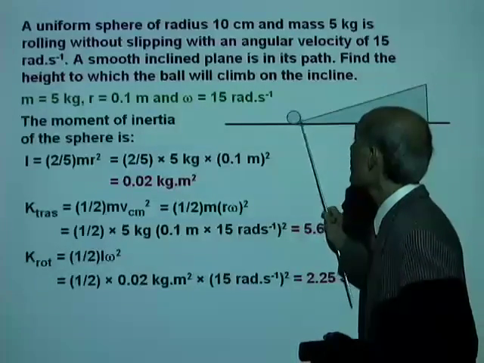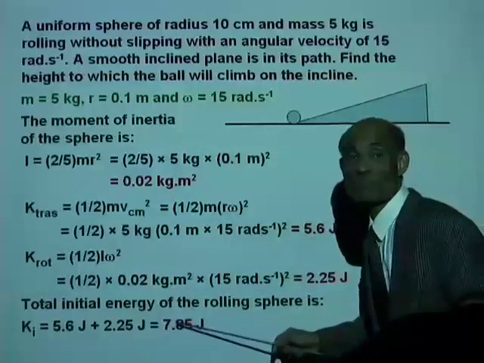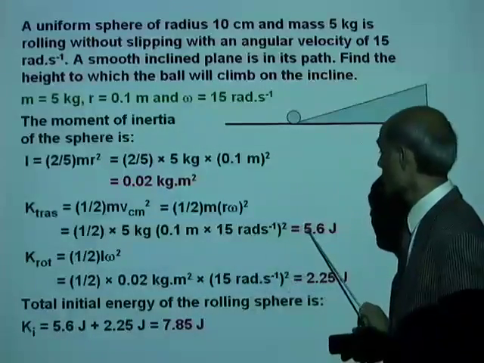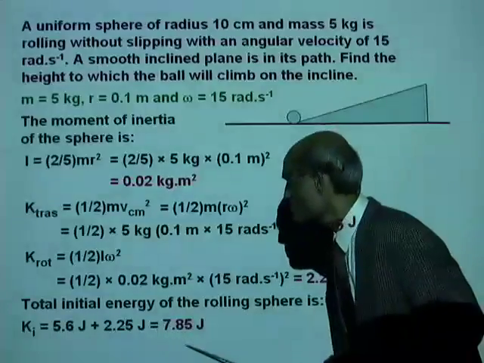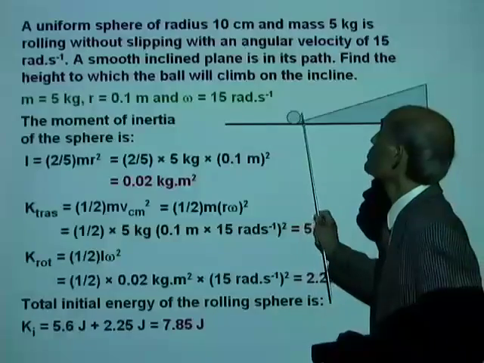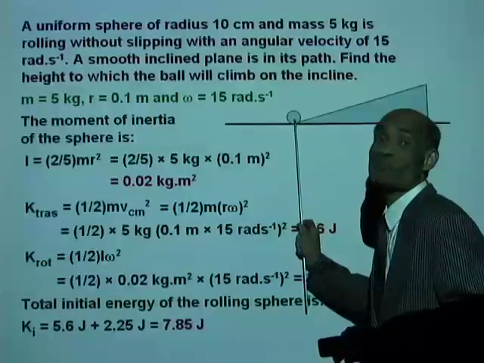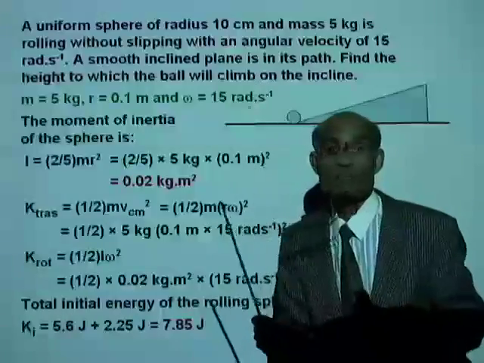That is the total amount of energy here. How much is that? It's 7.85 joules. 5.6 joules plus 2.25 joules is 7.85 joules, the total kinetic energy of the sphere when it comes to the bottom of the inclined plane.